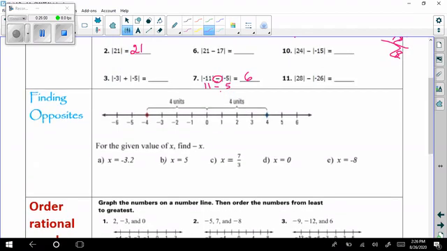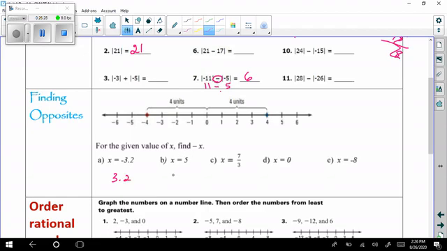All right, finding opposites. Okay, that's different than absolute value. Absolute value is distance from a center point. Drop the sign, and it's distance from a center point. Opposite means change the sign. So if it's negative, you're going to make it positive. If it's positive, it becomes negative. So the opposite of negative 3.2 is going to be positive 3.2.